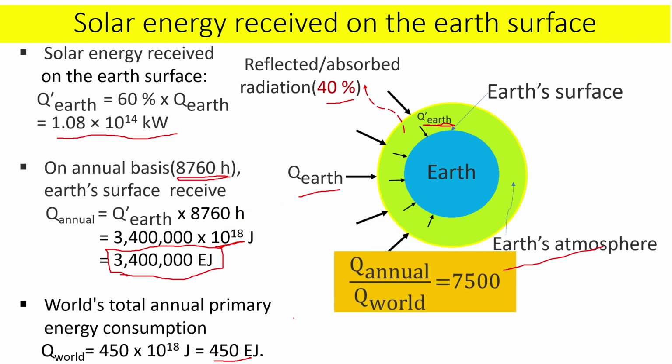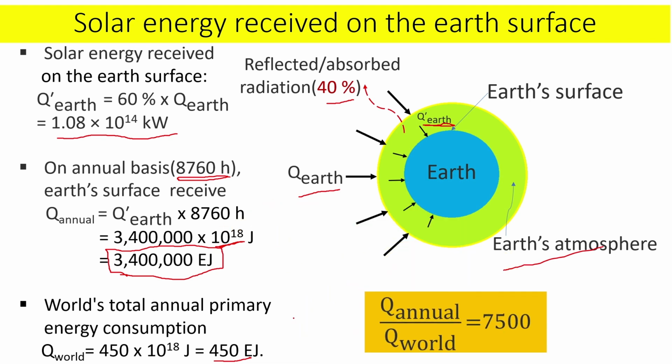So if we compare these two values, the total energy coming on annual basis on the surface of the earth, and the total world energy consumption, if we take a ratio of the two, it comes out to be 7500, which is way more than our requirement.